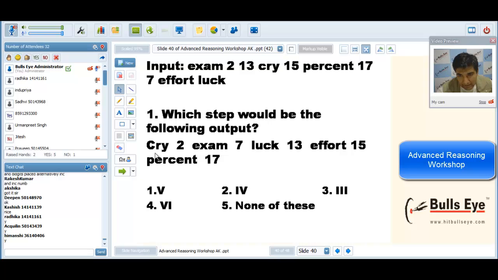Output is cry, 2, exam, 7, luck, 13, effort, 15%, 17. So basically we need how many steps to reach this output? Spend around 2-3 minutes. Okay people, I am explaining this, and in the process you will find the correct answer.